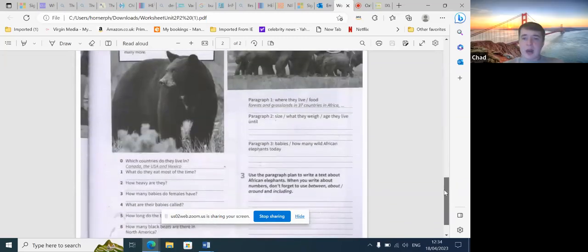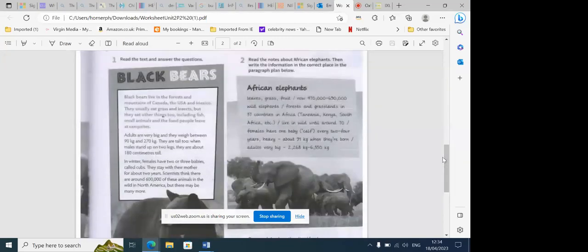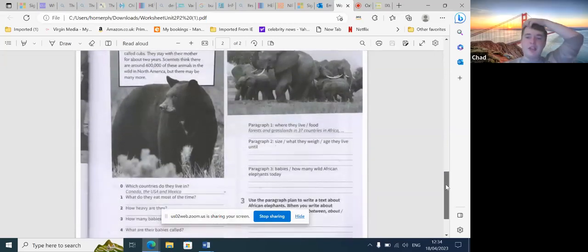And how many wild African elephants are there today? About 470,000 to 690,000 wild elephants. Yeah, well done. Well done, students. Okay, again, you did well.